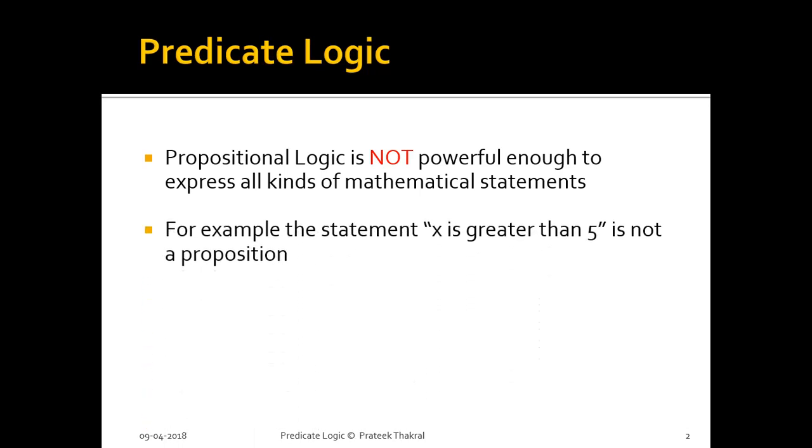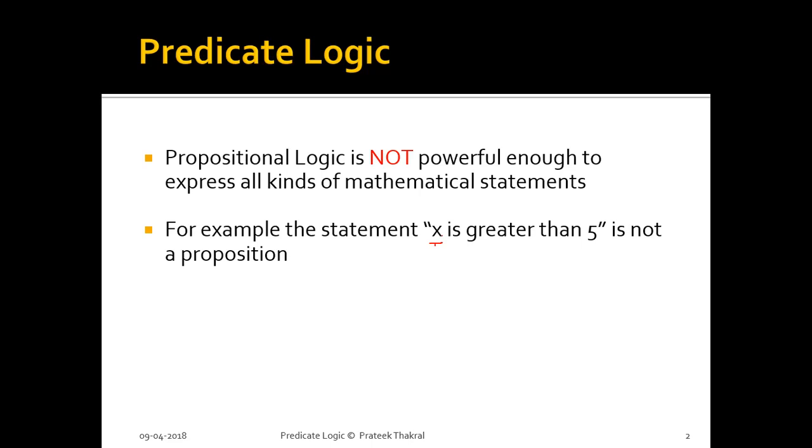If we have the statement x is greater than 5, this sentence is not a proposition, as we have already discussed, because x is a variable here, and until we assign any constant value to x, we cannot say this sentence is either true or false.